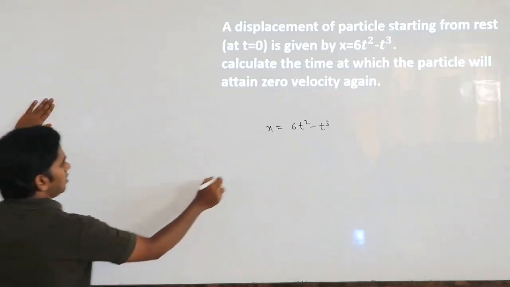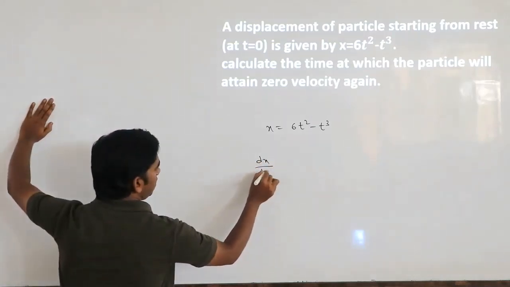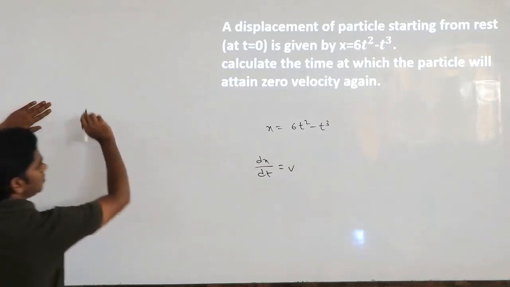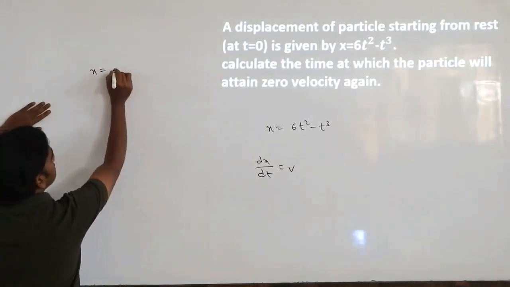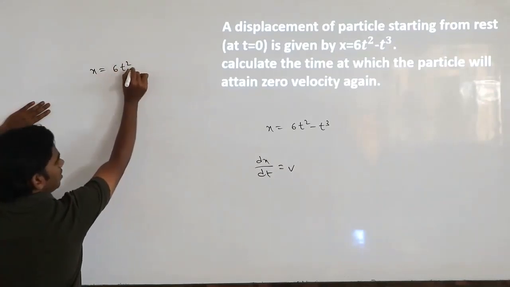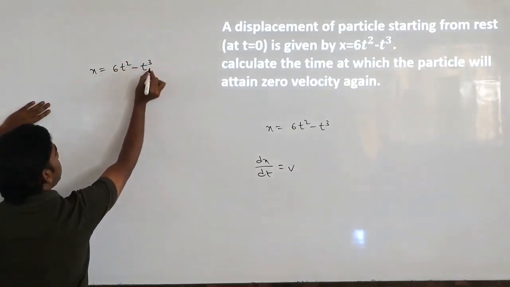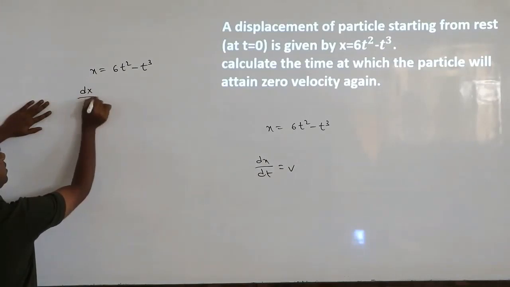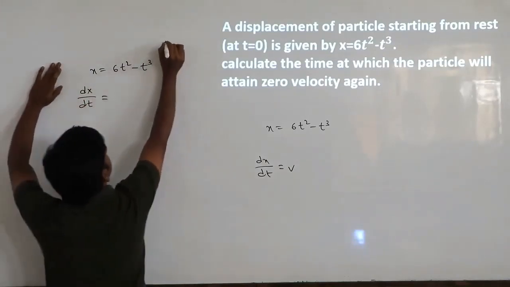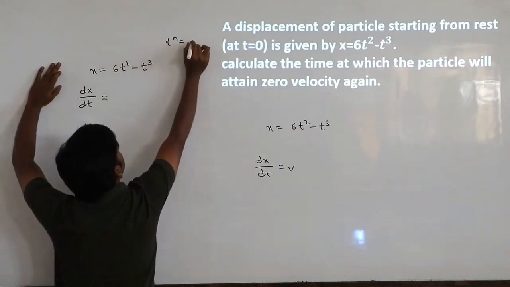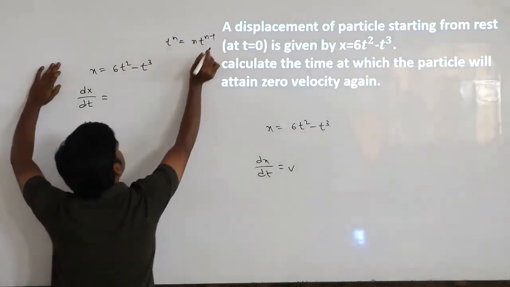So as we know, dx by dt will give you velocity. So x equals 6t square minus t cube. Okay, so dx by dt is equal to 6t square. Again, t raised to n will become n into t raised to n minus 1.